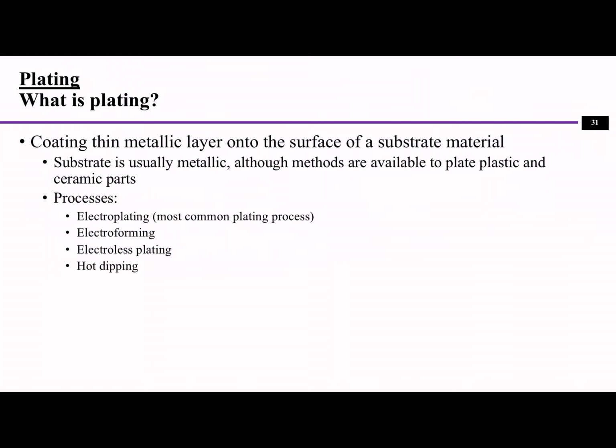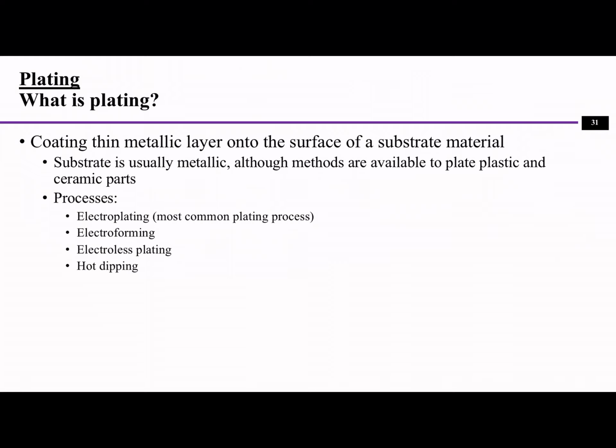Next, plating. Plating is a coating process, meaning that we're coating a thin metallic layer onto the surface of a substrate material. Usually the substrate should be metallic, although some methods are available to plate plastic and ceramic parts.